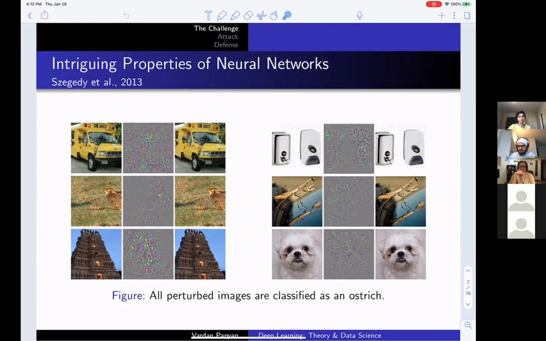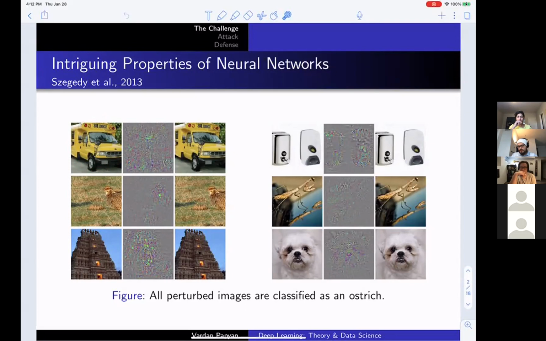If you take a certain image, let's say, for example, of a bus, and you add a very small perturbation. What does it mean, a small perturbation? A perturbation that has a very small norm, for example, L2 norm, L infinity norm, something like that.